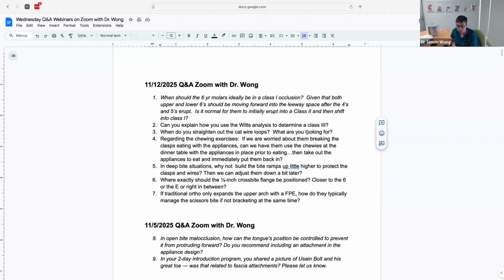That widening is a degree of expansion that will create a shortening, relatively speaking, of the ends of the cat wire loops. As the two halves separate, you have less contact of the wires with the incisal teeth.